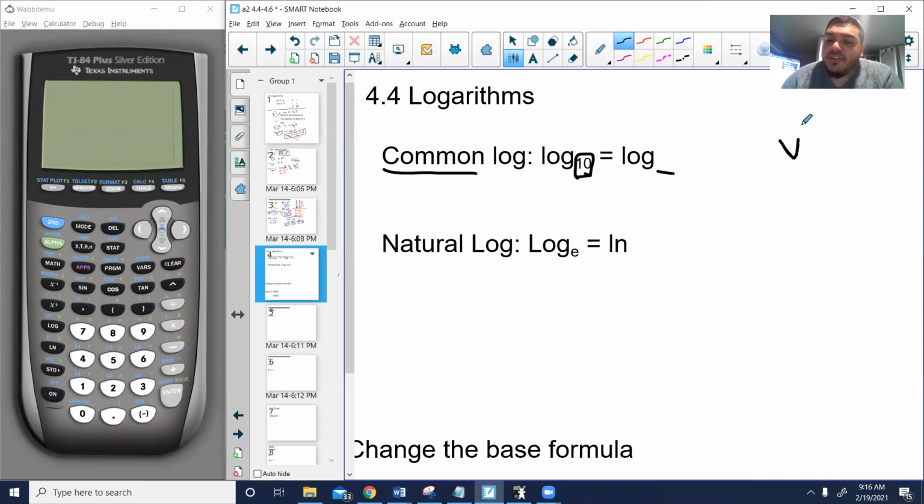The same way in a square root, you assume it's a number 2. The same way, if a normal x, the exponent is a 1, you assume it's multiplied by 1. This one, you assume it's a 10. So if there's ever a situation where they show you just log, no little number on the bottom, it's just 10.